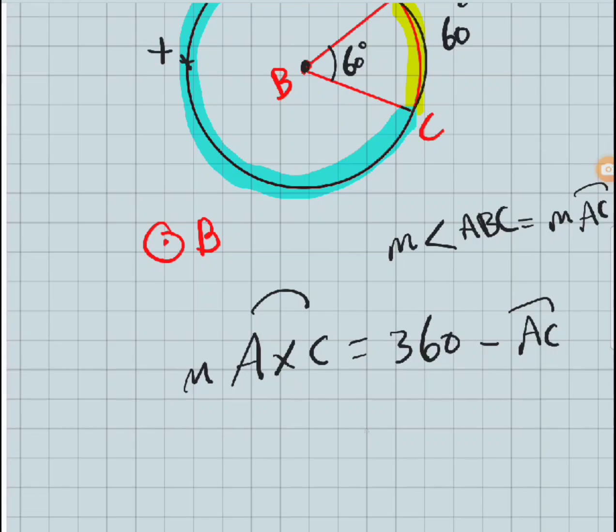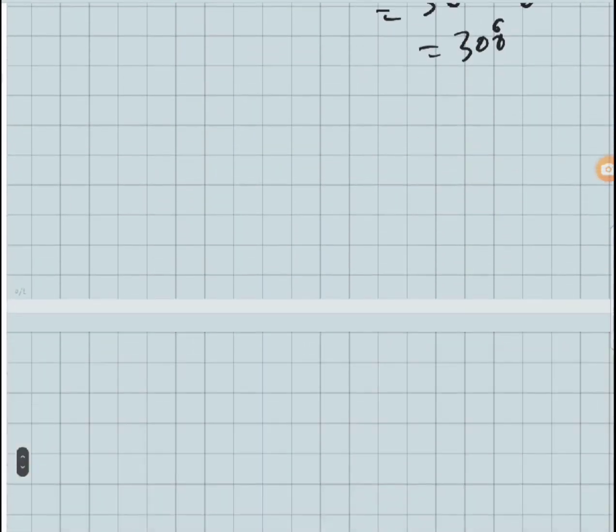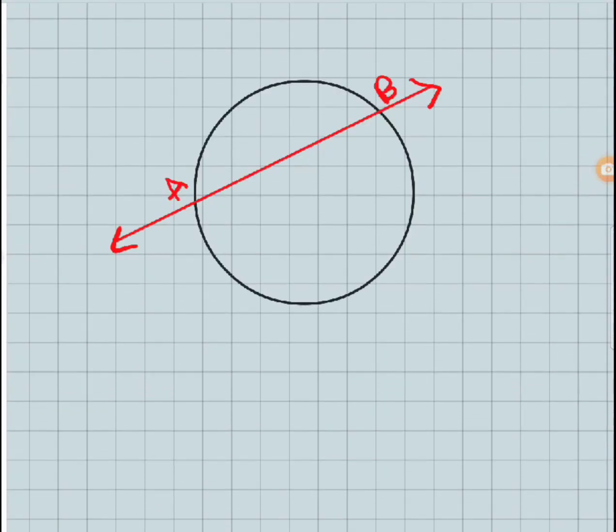Now let's talk about tangent lines and secant lines. A secant line intercepts the circle at 2 points.